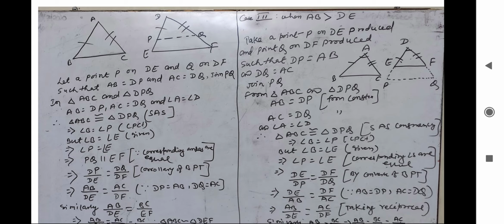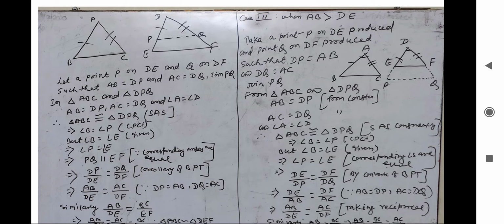Corresponding angles are equal. That's why we can say DP by DE is equal to DQ by DF, corollary of basic proportionality theorem. This is clear, students. Now we can say AB by DE equal to AC by DF, since DP equal to AB and DQ equal to AC.